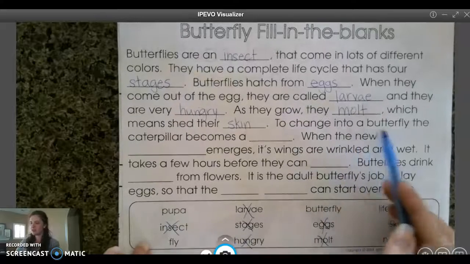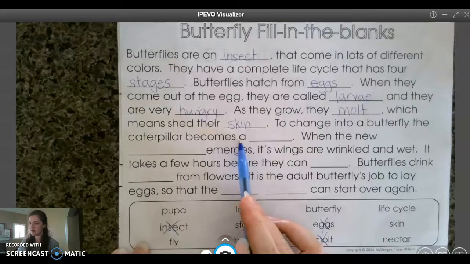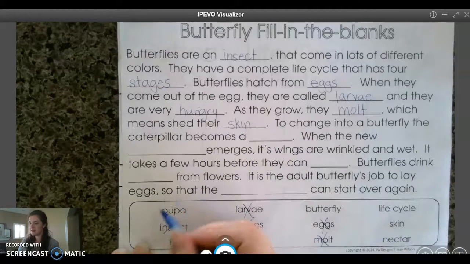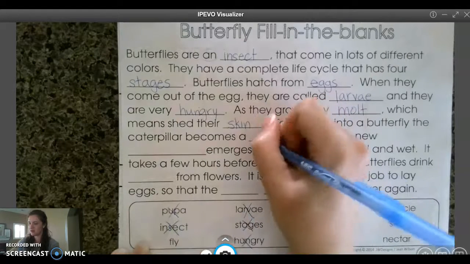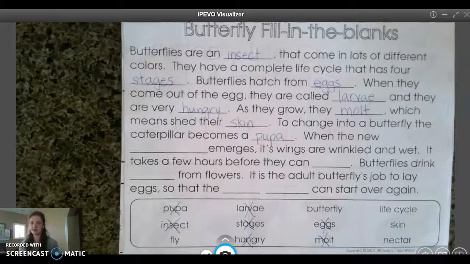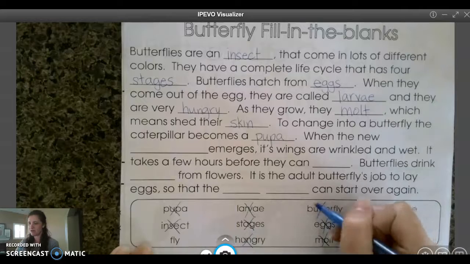To change into a butterfly, the caterpillar becomes a blank. What's next? It becomes a pupa. Okay. When it goes into the chrysalis or the cocoon, that is the pupa stage. Okay. When the new blank emerges, okay, when it comes out of the pupa stage, what is it now? It's going to be the butterfly.